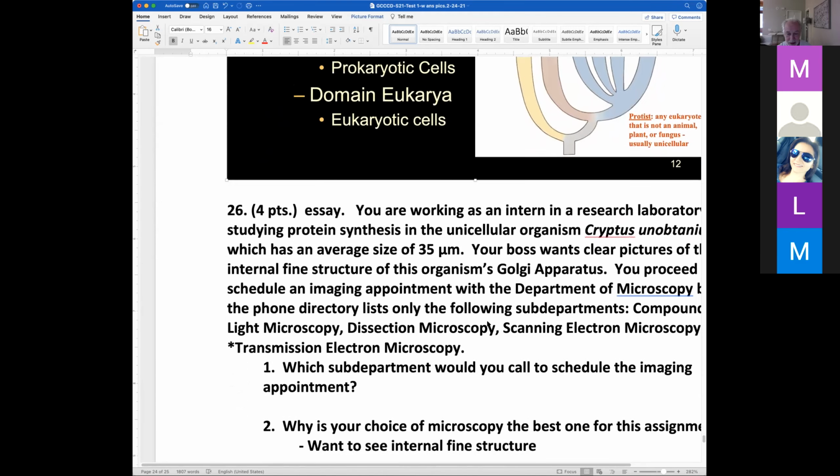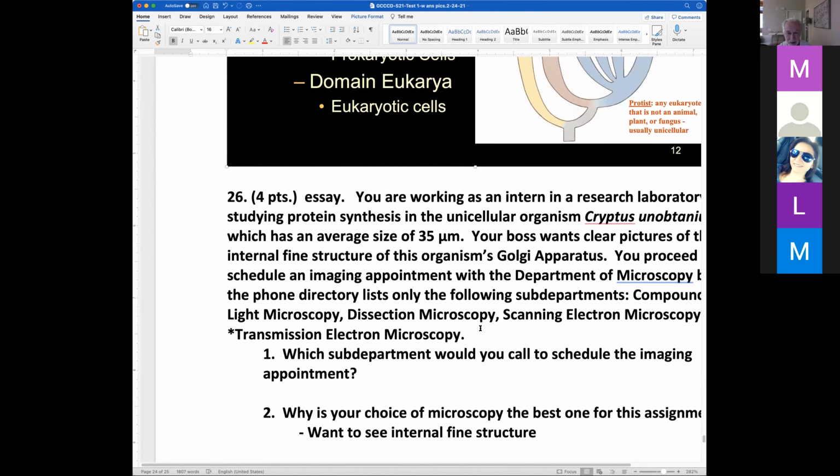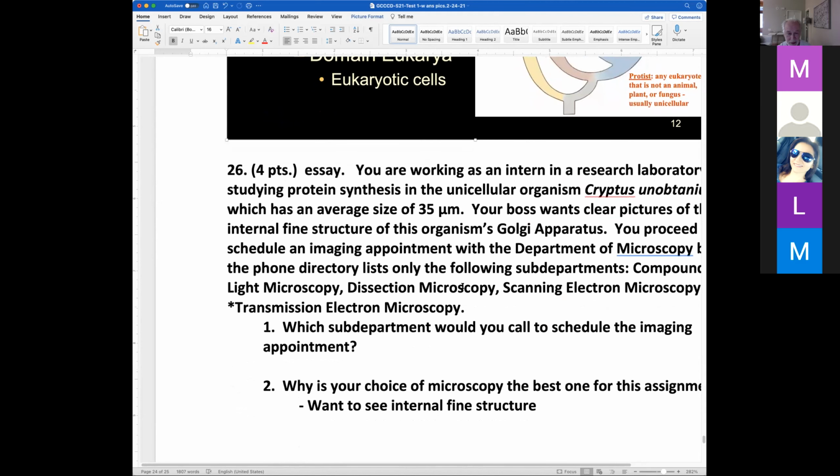And then there was an essay question about being an intern in a lab and your boss asks you to get clear pictures of the internal fine structure of an organism's Golgi apparatus. It tells you to find a place to have this done.